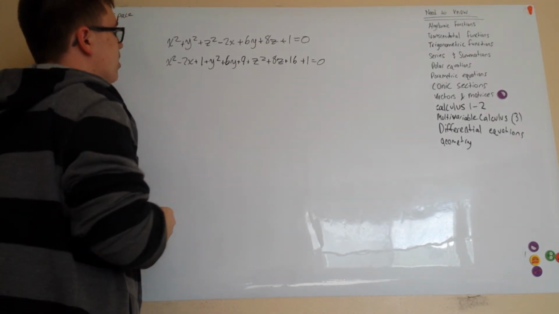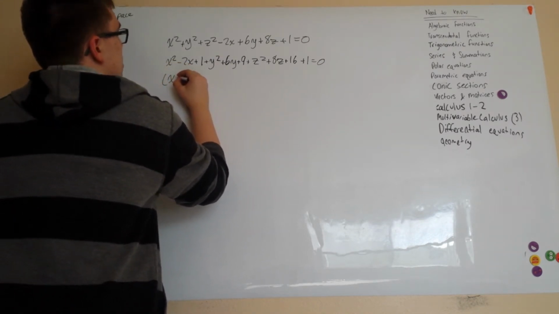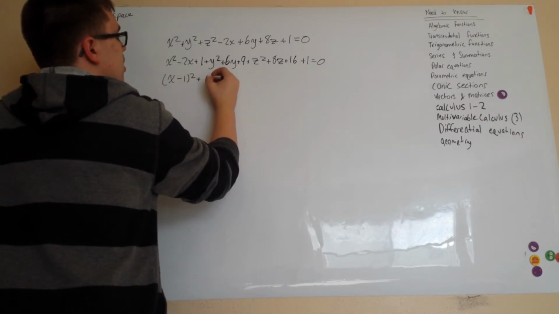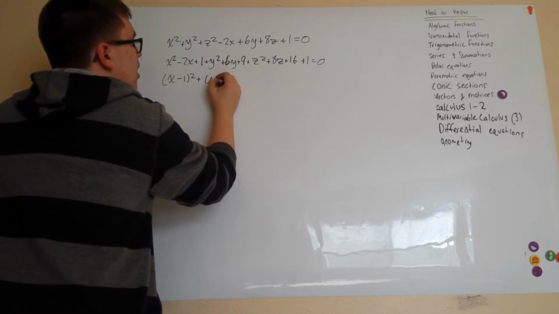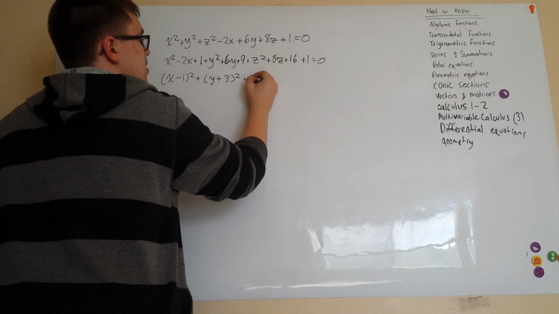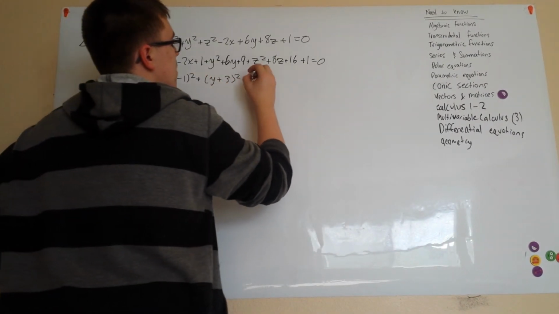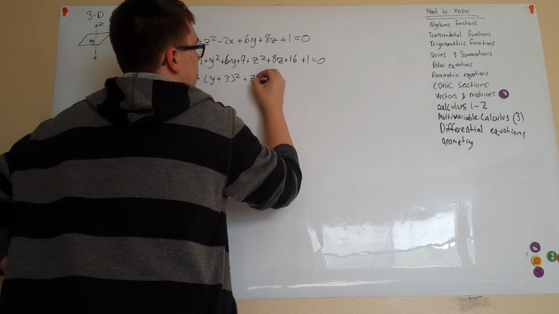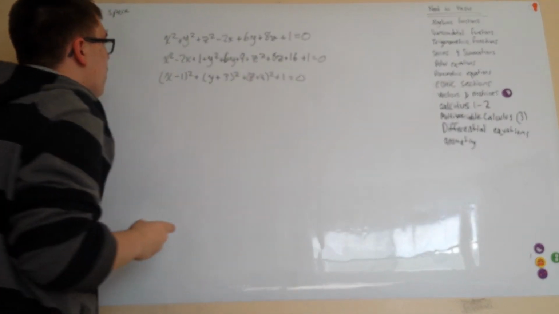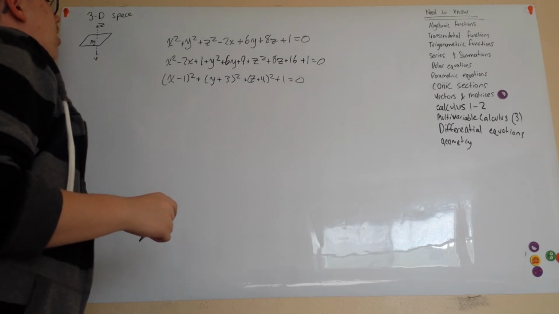And now we can complete the square and write this as x minus 1 squared plus y plus 3 squared plus z plus 4 squared plus 1 equals 0. And now we have our form.